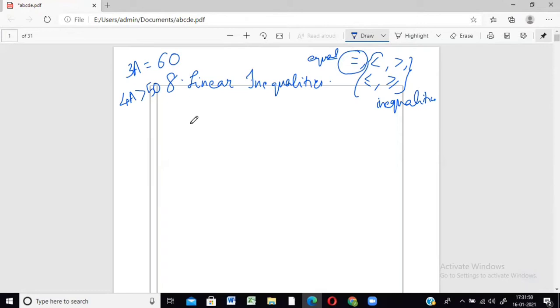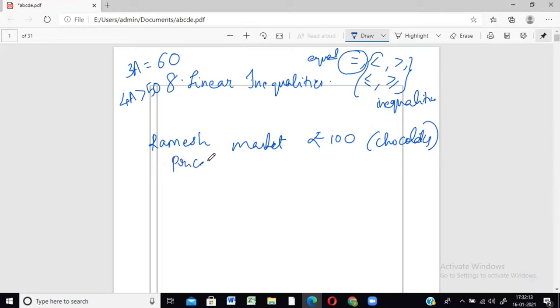Suppose there is a person called Ramesh. He goes to the market with 100 rupees in his pocket for buying chocolates. He goes to the shop and asks the shopkeeper. The shopkeeper says the price of one chocolate is rupees 15.